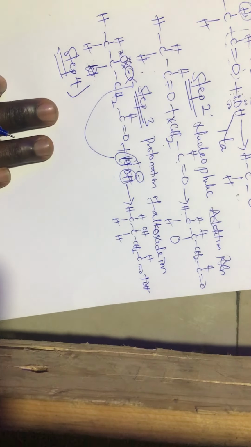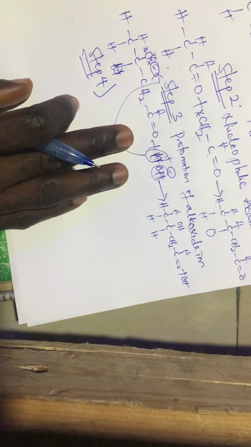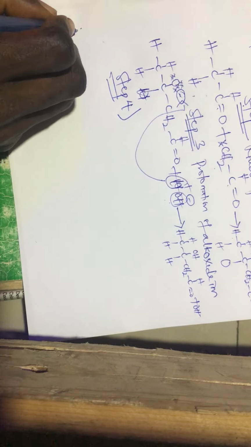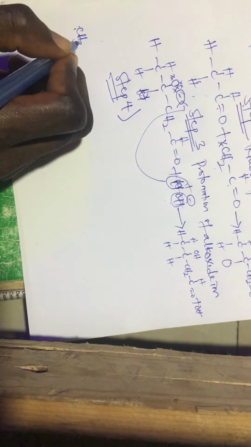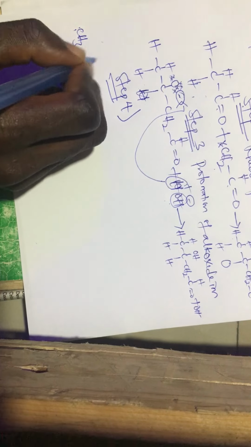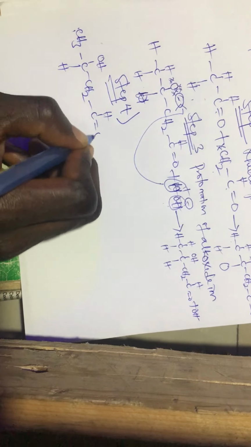Let's take a look at the last step, which talks about dehydrating the product to form an alpha beta unsaturated aldehyde. I repeat, dehydrating the product to form an alpha beta unsaturated aldehyde. So the precursor here is going to be CH3. Are you with me? We have OH, we have H here, CH2, we have this OH.